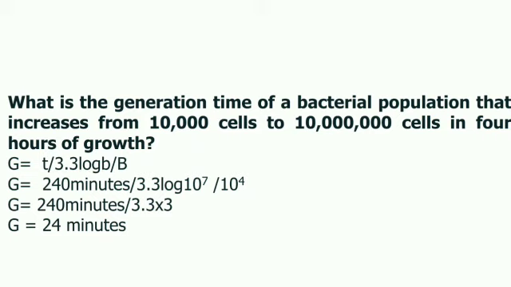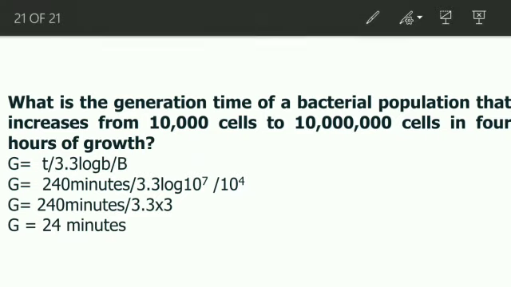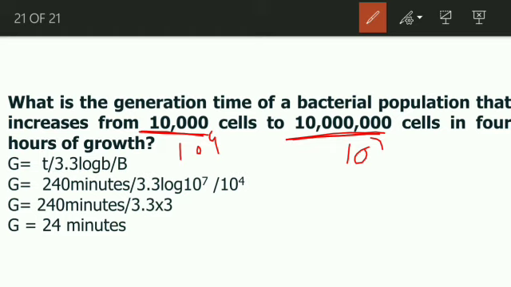This is a simple example. What is the generation time of a bacterial population that increases from 10,000 cells to 10 to the power 7, 1 crore cells, in 4 hours of growth? What do you need to calculate? Generation time.